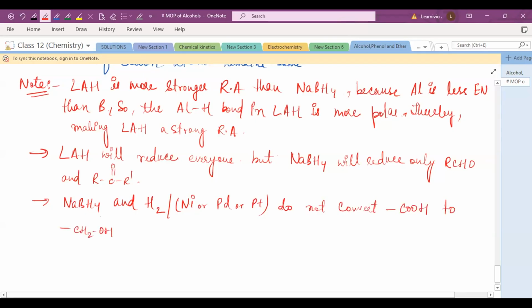Sodium borohydride and this hydrogen in the presence of catalyst, a catalytic hydrogenation, will not convert the carboxylic acid to ethane or your corresponding alcohol. So we will use lithium aluminum hydride to convert the carboxylic acid to your corresponding alcohol.